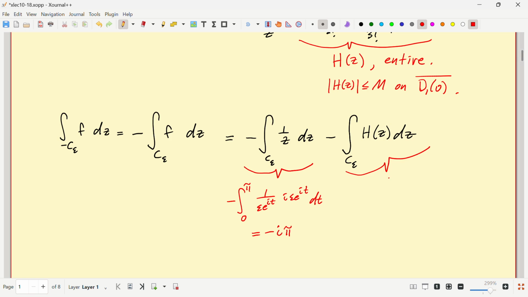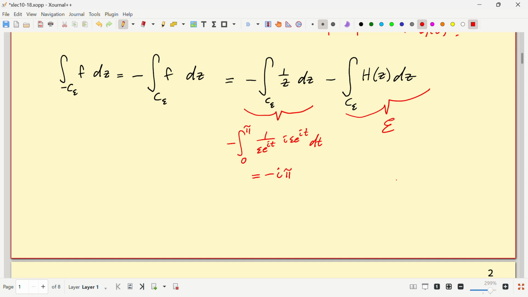Okay, let's call this curly E for error. I can estimate the curly E. So curly E is less than or equal to the max of h on c sub epsilon times the length, which is pi epsilon.